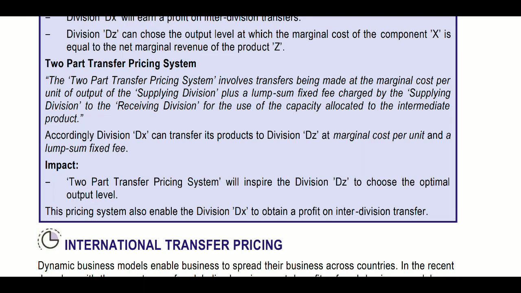And in the two parts transfer pricing system, two prices will be added: one is the marginal cost, plus the lump sum amount charged by the supplier. That is related to the two parts transfer pricing system.